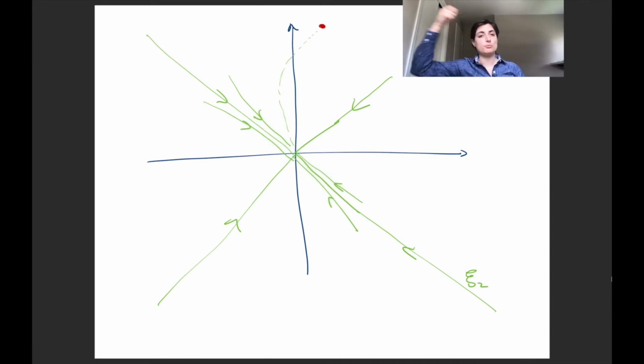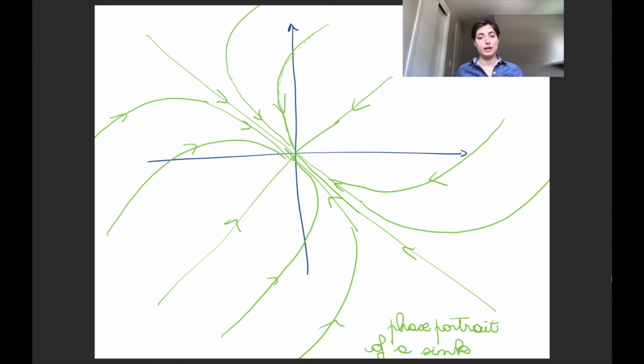So a point that is somewhere else is first going along, almost parallel to xi1, and then dragged in by xi2. And the same is true for any point that is not a multiple of the eigenvector itself. So we fill in something like that. If you're exactly on the eigenvector, you're going towards (0, 0).